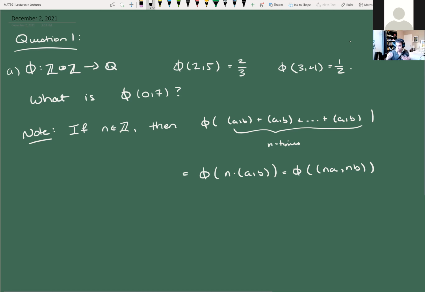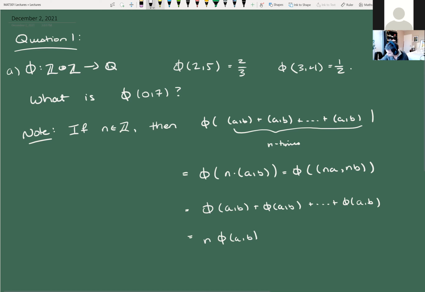That's not possible, so whatever this n is, it has to be an integer. But because this is a homomorphism, I can split it up like this. We've seen this sort of thing in the past. I added these things n times, so I get n times phi of (a,b).